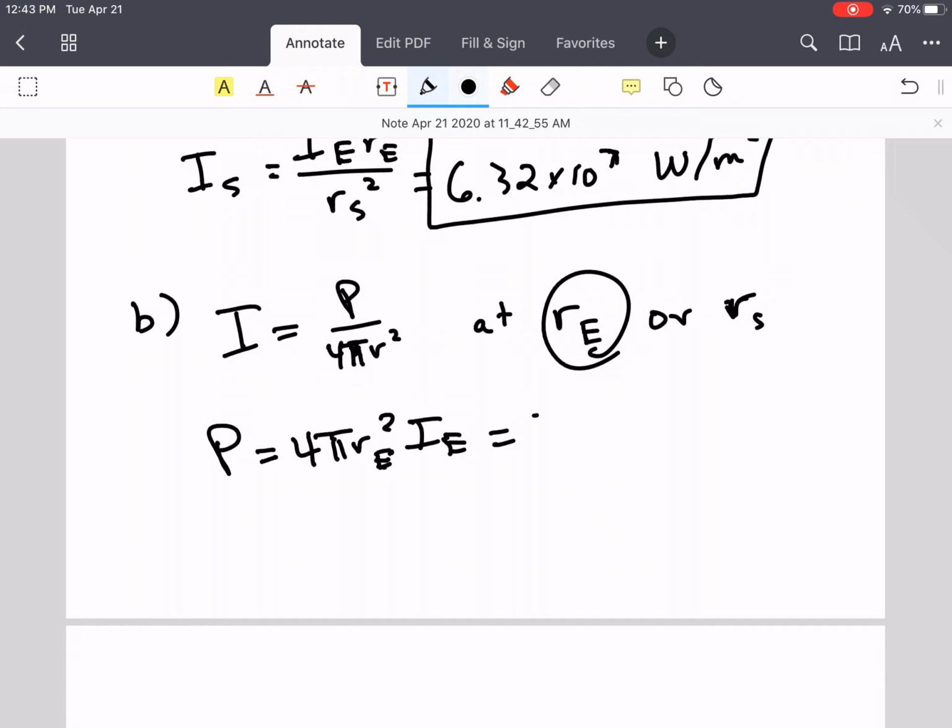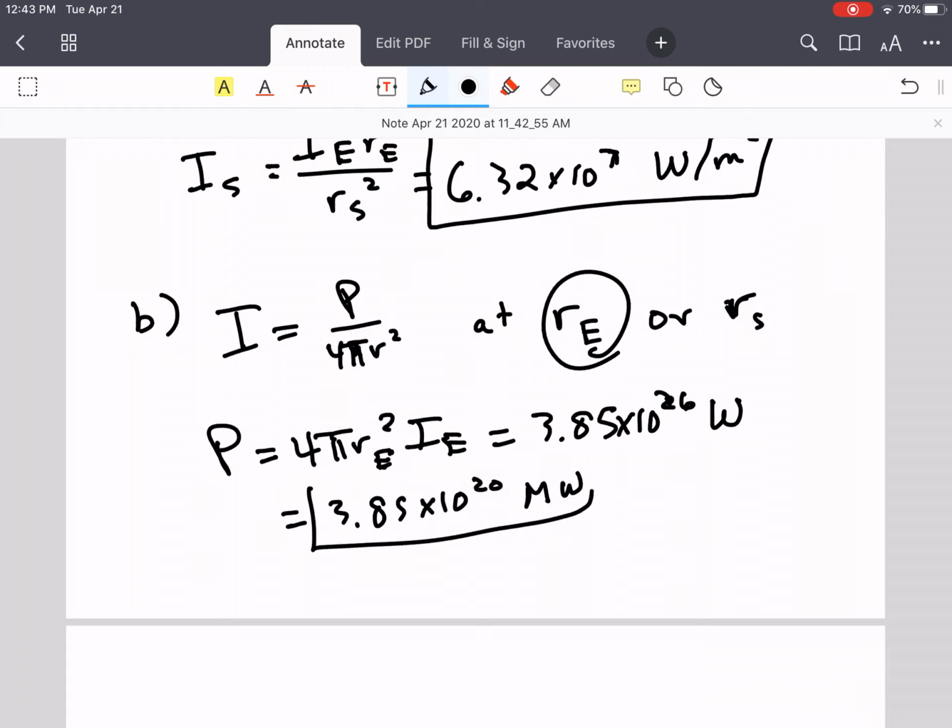This turns out to be 3.85 times 10 to the 26th watts, or, if you like megawatts, 3.85 times 10 to the 20th megawatts. That's about 1.7 times 10 to the 16th times the single strongest power station on Earth.